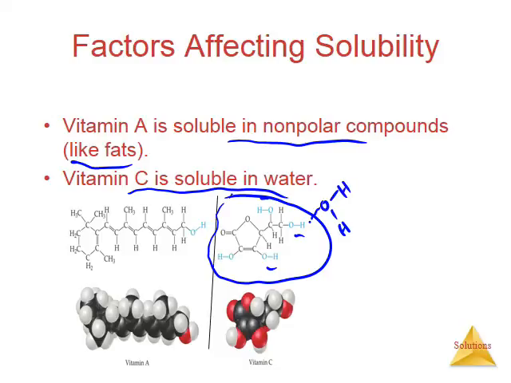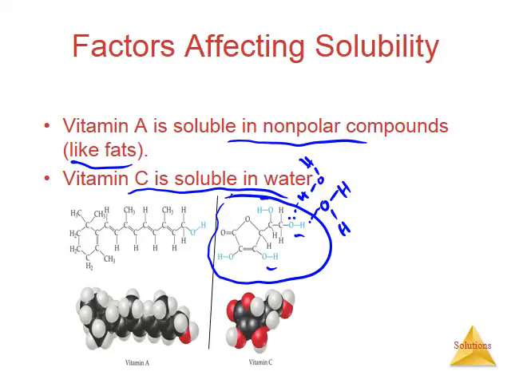Same would be the case for the other ones, and this oxygen with a pair of electrons can get bonded to hydrogen. Always negative would be bonded with positive. Oxygen would carry negative charge, delta minus, and hydrogen would have delta plus.